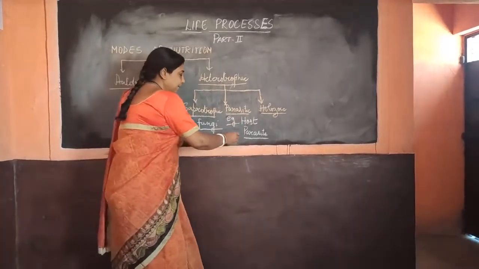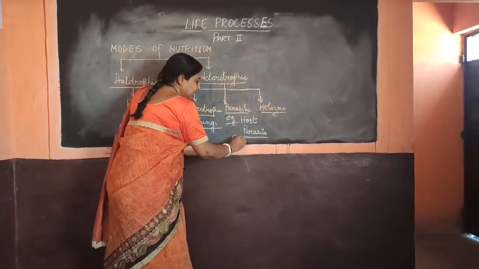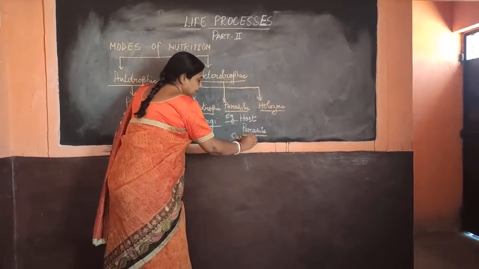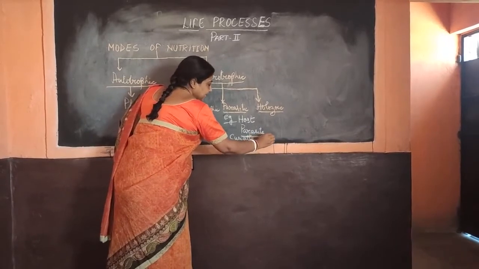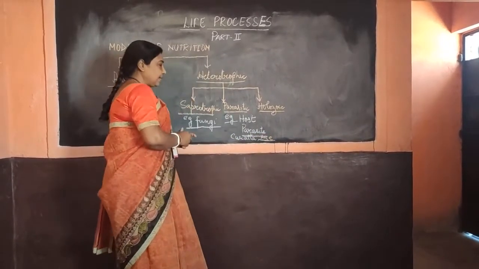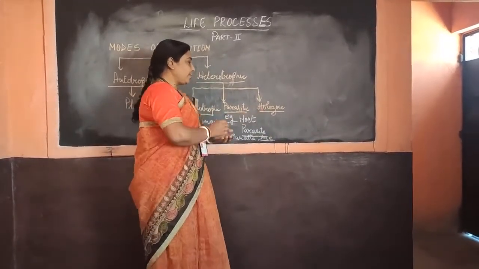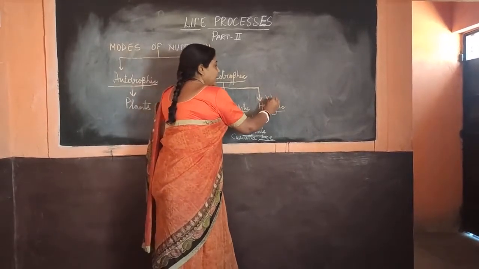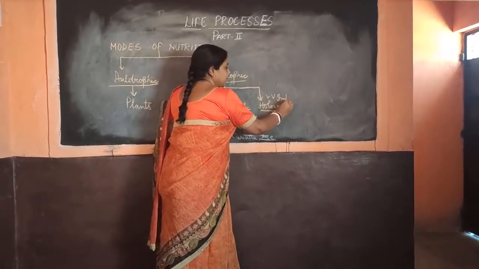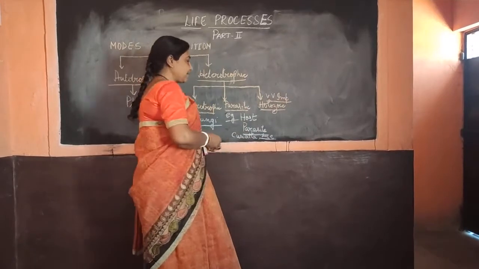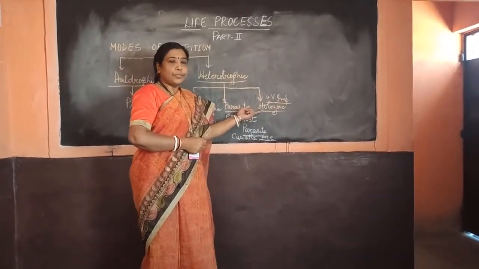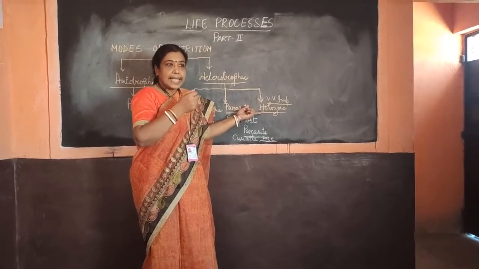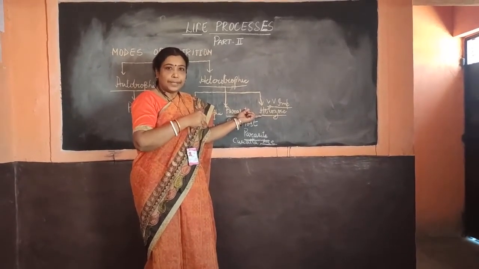Now the example, best example in plant parasite is Cuscuta, and animal parasite, the best example is the head lice. Now the holozoic mode of nutrition, very important children, we have to study this in detail, which I will be telling you all later today. In holozoic mode of nutrition means taking in of the whole food.